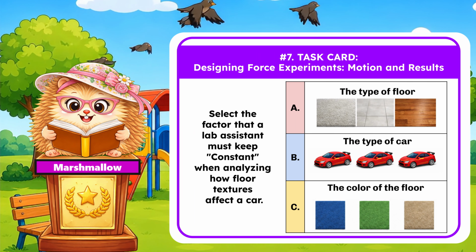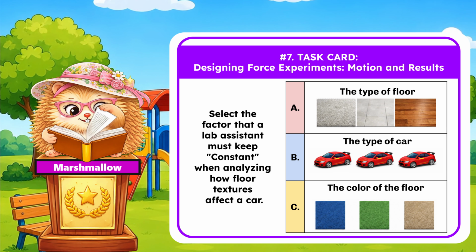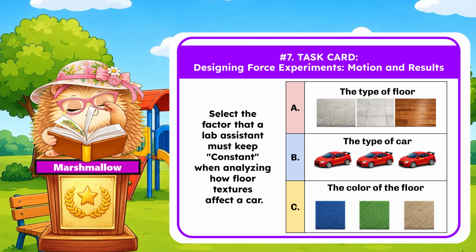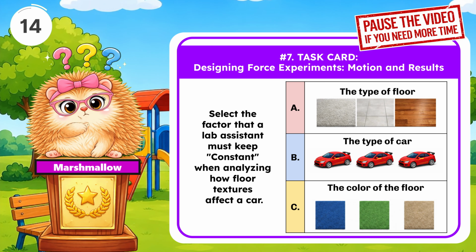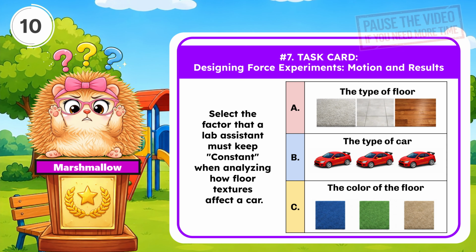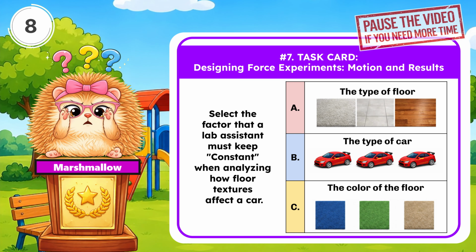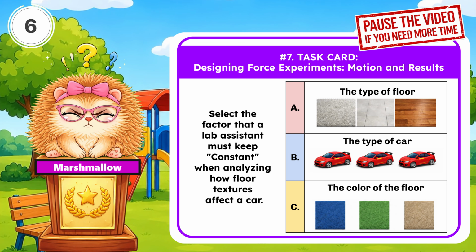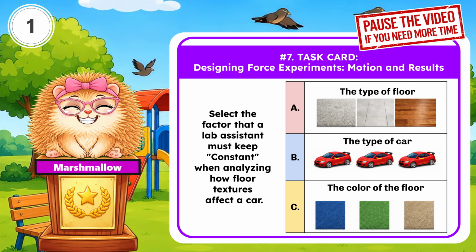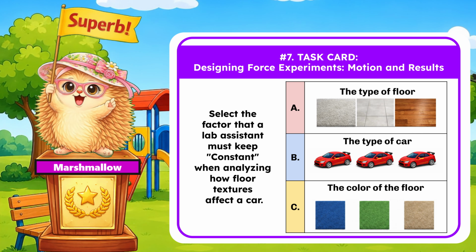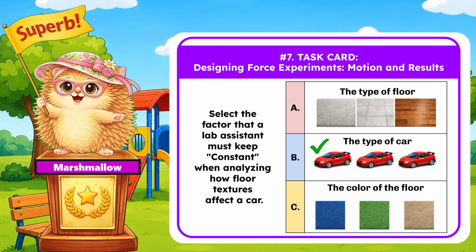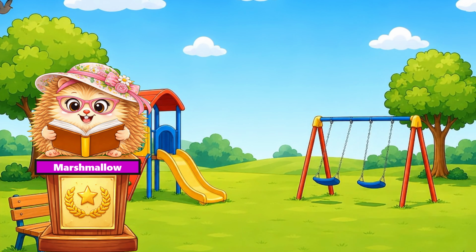Select the factor that a lab assistant must keep constant when analyzing how floor textures affect a car. And the correct answer is letter B, the type of car.